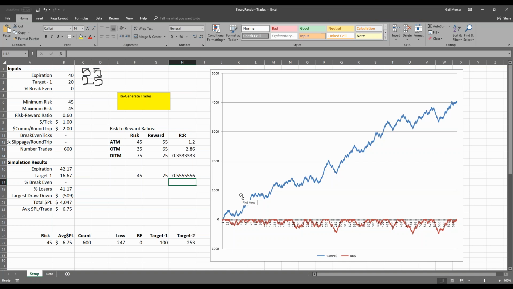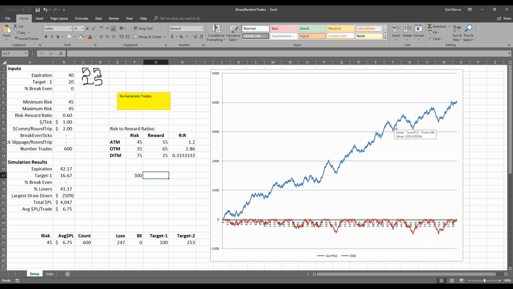Now, what if you have a series of trades? If you have a series of trades, you can always do your total trades. Let's say you had 300 trades total.